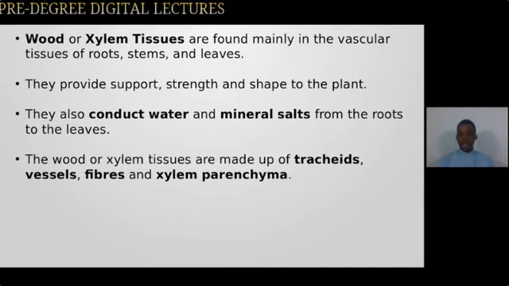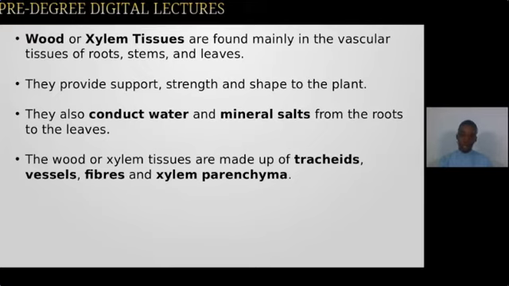Now, the xylem tissue is also a supporting tissue, though we will still discuss it under vascular bundles. They are found mainly in the vascular tissues of the root, stems, and leaves. They provide support, strength, and shape to the plant.